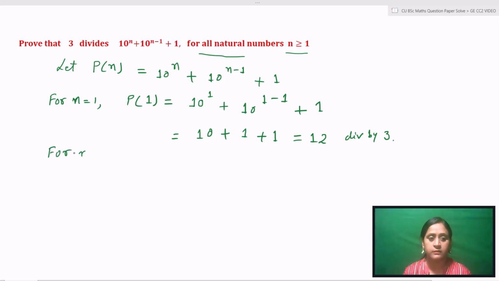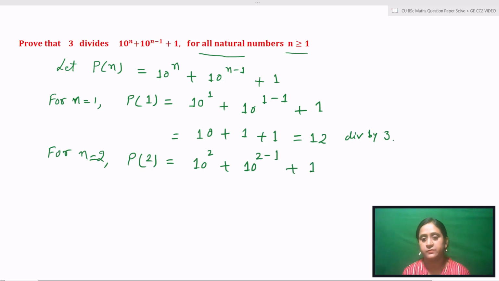For n is equals to 2, P2 is equals to 10 to the power 2 plus 10 to the power 2 minus 1 plus 1. This is equals to 10 square means 100 plus 10 to the power 2 minus 1 means 10 to the power 1, that is 10 plus 1. This is equals to 111 divisible by 3.